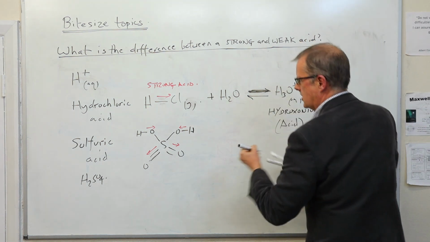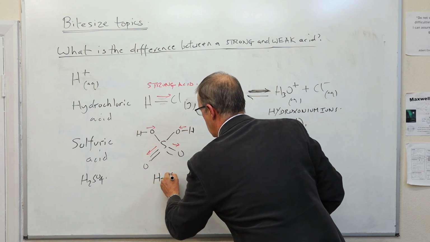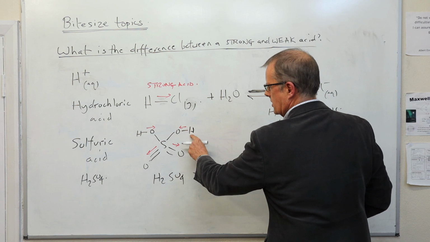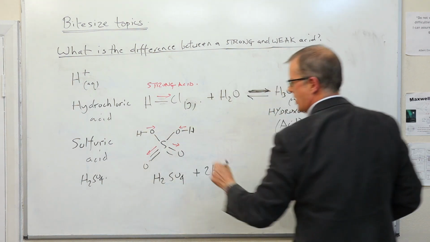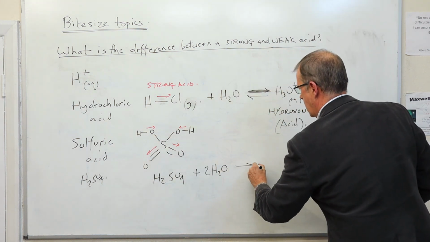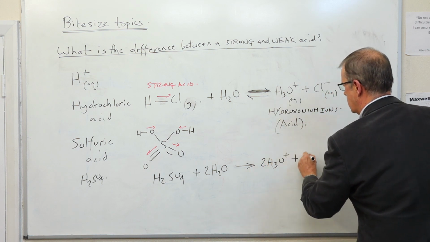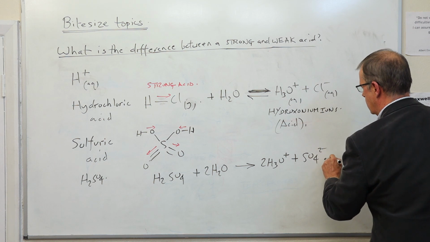So H2SO4 this time needs 2 water molecules because I've got 2 acidic hydrogens in that structure. And this comes over to 2 hydroxonium ions plus a sulfate ion.